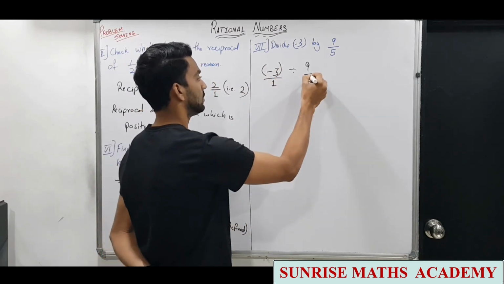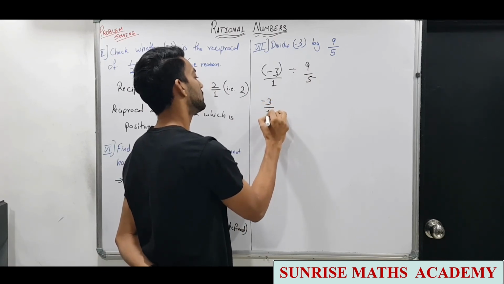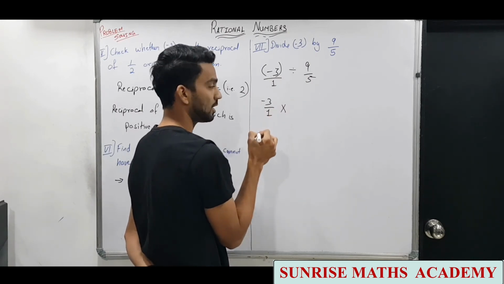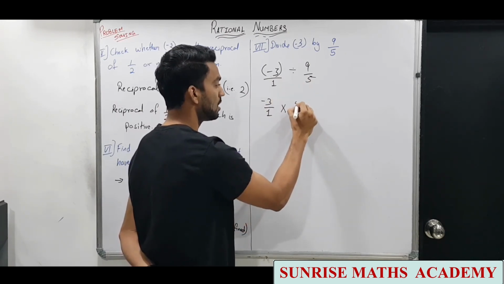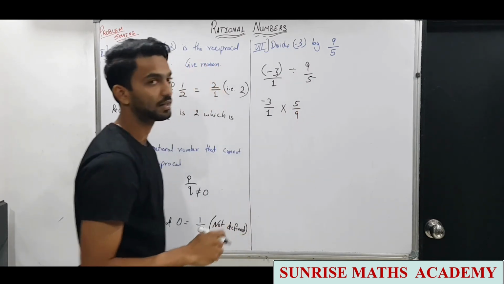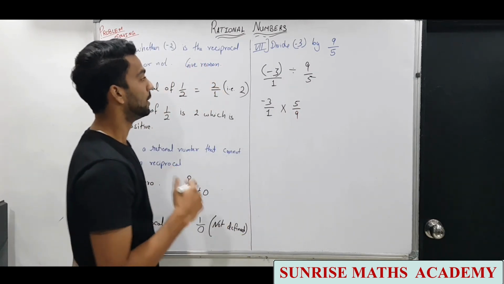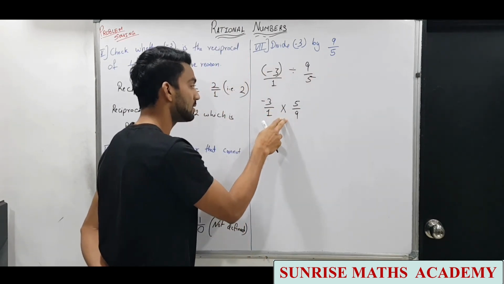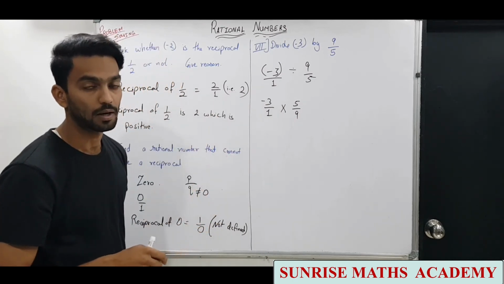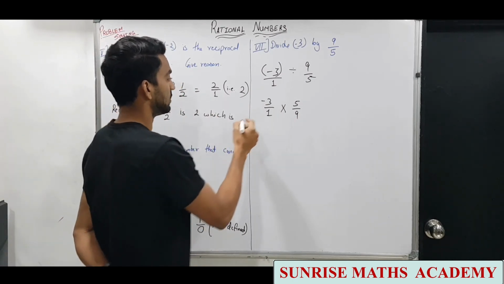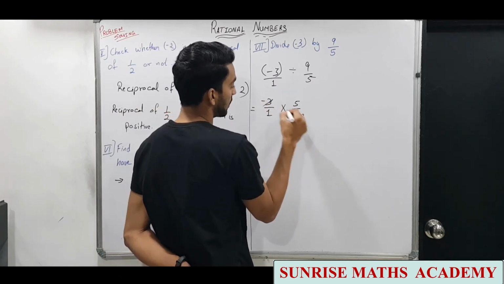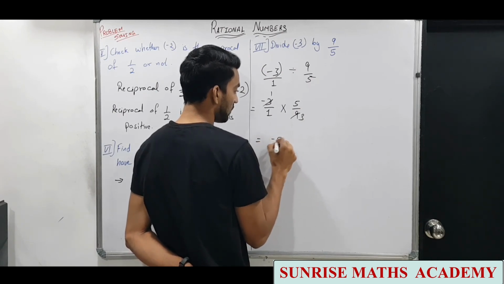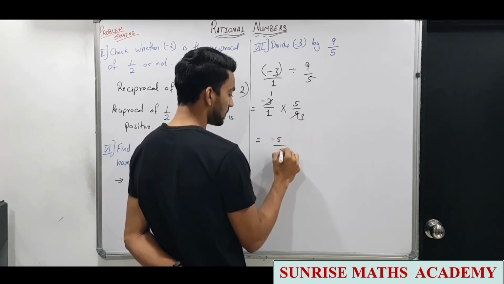Now we have seen that डिवीजन में -3/1, ये जो रैशनल नंबर है ये ऐसा ही रहेगा. डिवीजन साइन will be written as multiplication और डिवीजन के बाद वाला जो रैशनल नंबर है उसका रेसिप्रोकल हो जाएगा. 9/5 will become 5/9. अब यहाँ पर हम लोगों को ये नहीं करना है कि -3 और 9 को यहाँ डिवाइड कर दें. पहले हमको ये लिखना जरूरी है. Then we have to use the rule of multiplication, do the cancellation. So 3 ones और 3 threes का cancel हो जाएगा. So this is -1 and 5. -1 into 5 is -5 and 3 into 1 is 3.